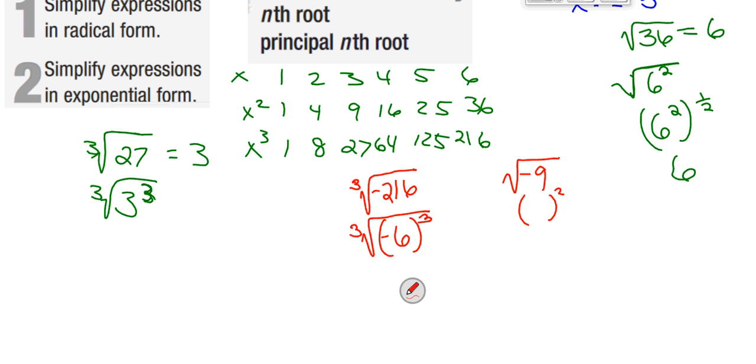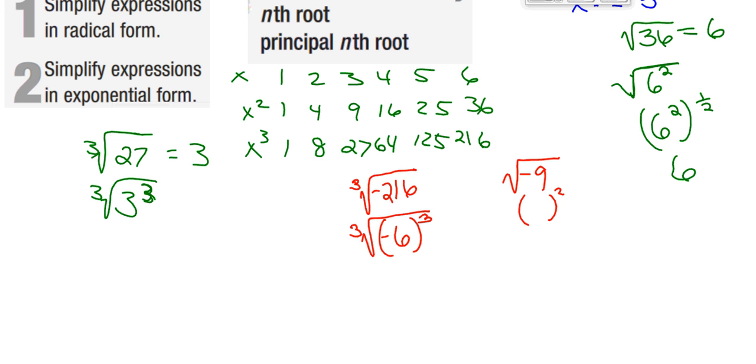And so there's a little extra rule that's happening with negatives. If I have a negative in the radical and it's an even root, so this is a square root, this is the third, so this could be the fourth, the fifth, the sixth, the seventh root.